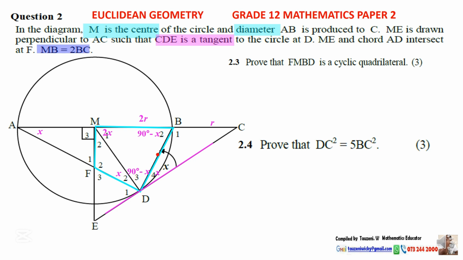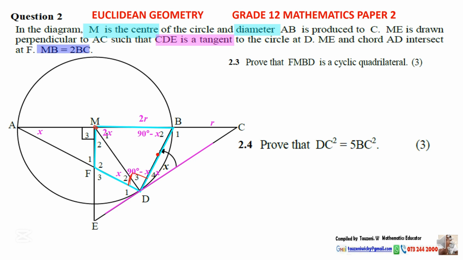Then angle D2 plus D3 combined, this angle here, is also a 90-degree angle because it is an angle in a semicircle. Remember, point M is the center of the circle. Therefore, line AB is a diameter which subtends angle D, 90 degrees, angle in a semicircle.